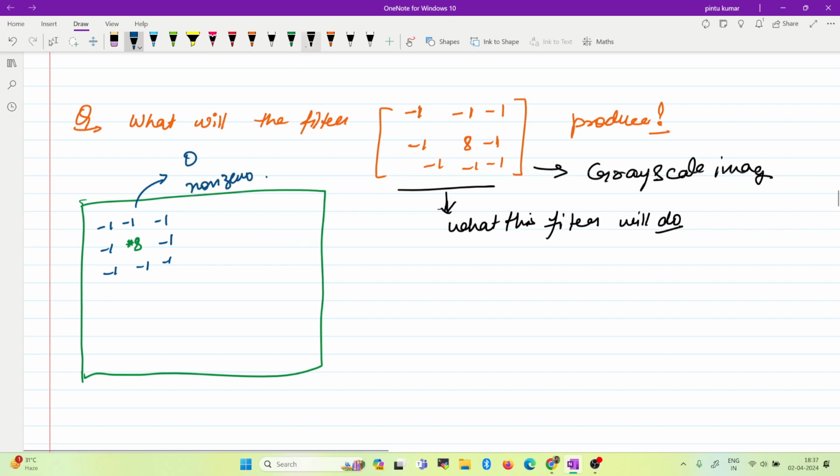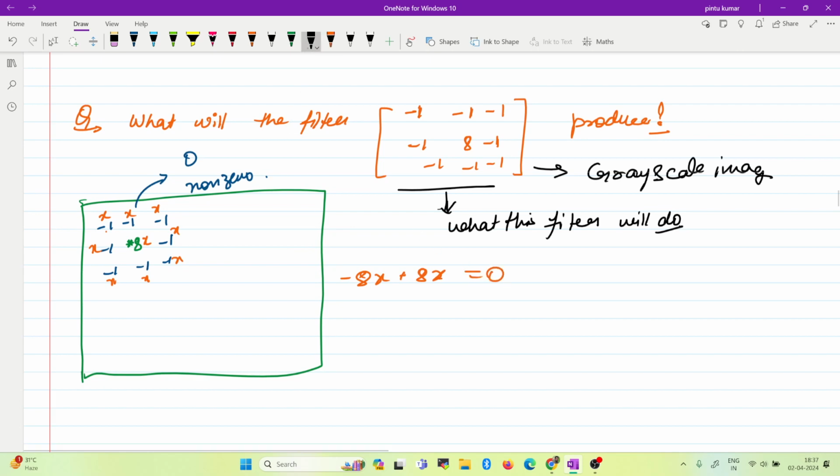It will be close to 0 if, let's say, this value is x, and all the neighbors are also x, that means all the values are the same, or at least very close to each other. Then if I multiply and add them up, this would be minus x minus x minus x, minus 8 times x, plus 8 times x, it would be 0.